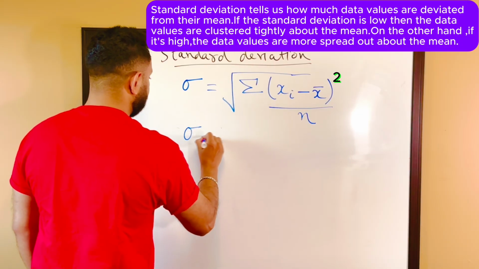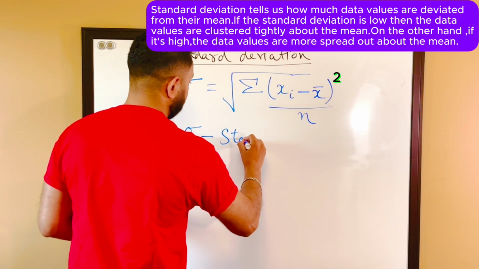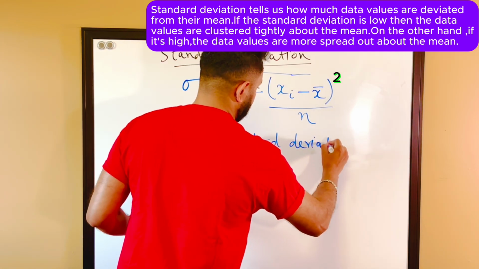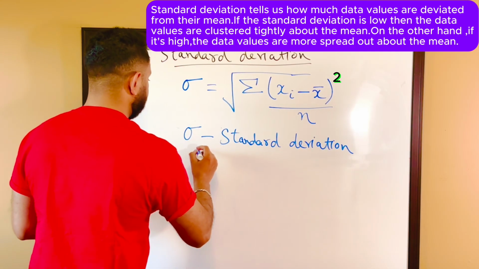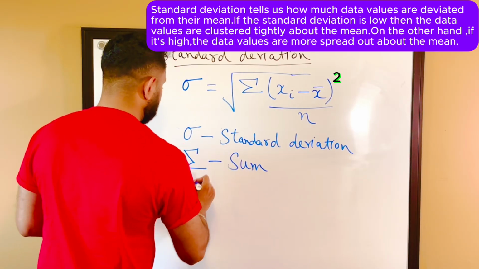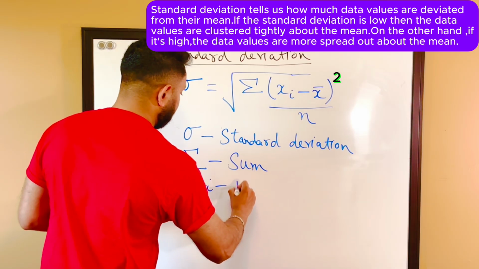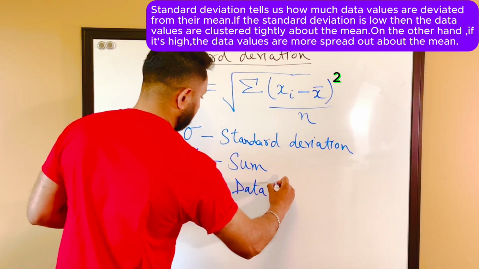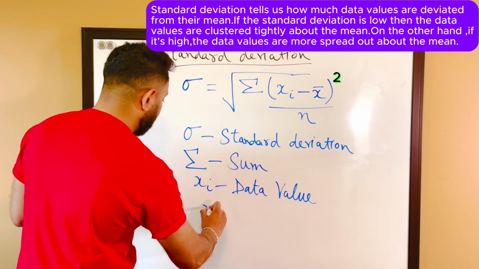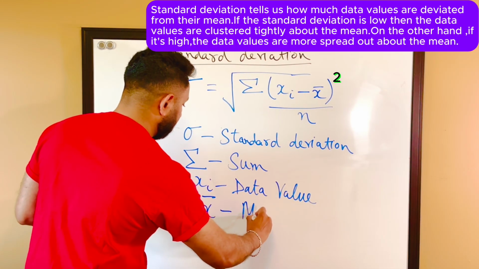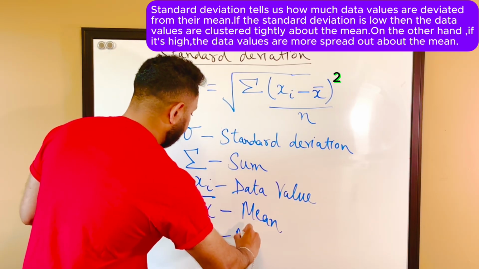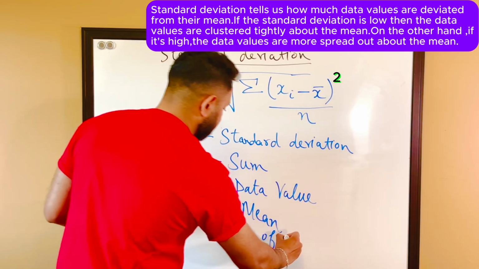So sigma is standard deviation, and summation, this sign means sum, and xi is data value, and x bar is mean, and where n is number of data values.